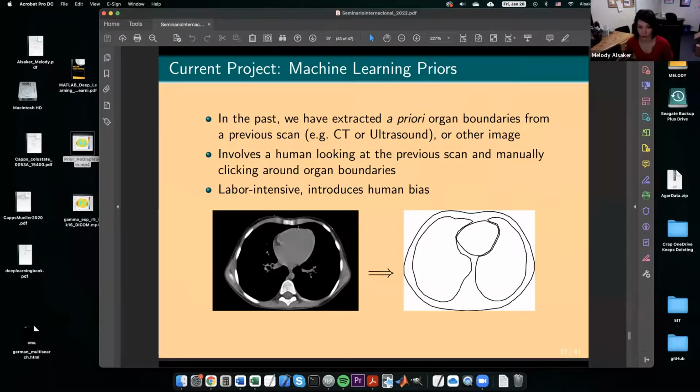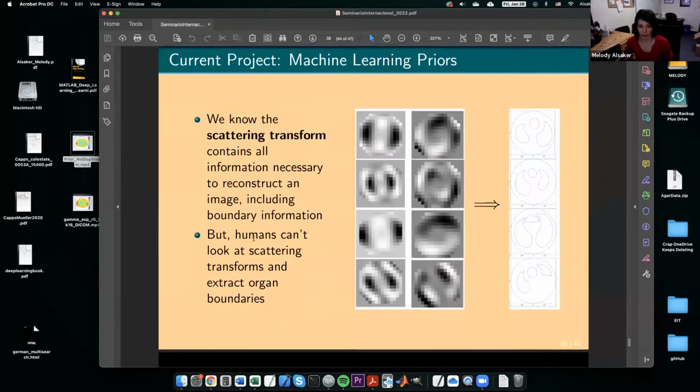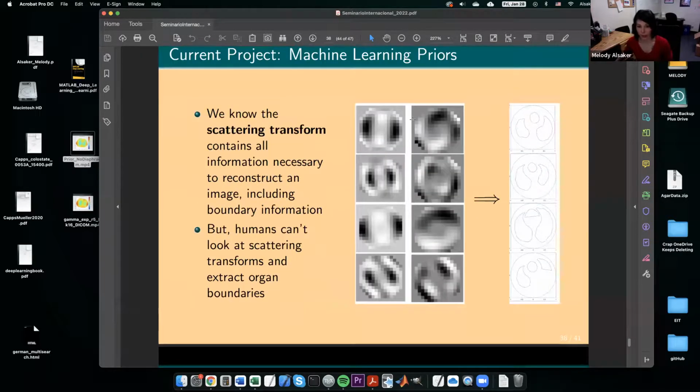Lots of human bias gets introduced in the process to generate the a priori boundaries. And so the idea is that if we have the scattering transforms computed from the measured data, maybe we can train an AI, a computer, to automatically generate organ boundaries that go with that scattering data.